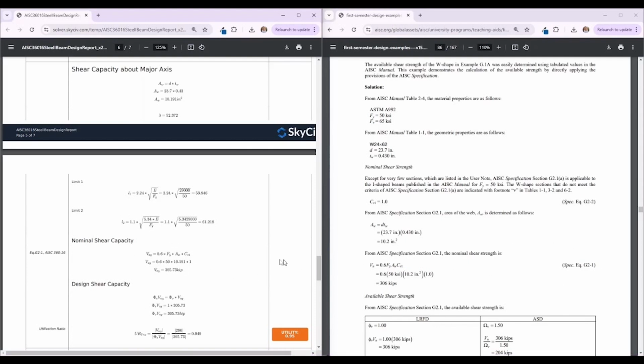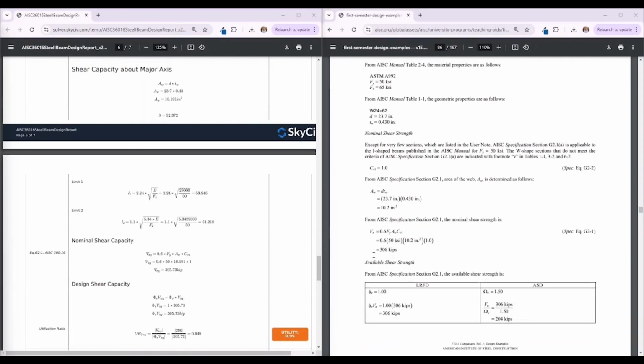This equals 0.6 times 50 times 10.191 times 1. That will get a nominal shear capacity of 305.73 kips, which is rounded up to 306 kips in the AISC design example. As you can see, SkyCiv references the relevant design code and equation in the calculation report, so you are never questioning where a certain equation comes from.